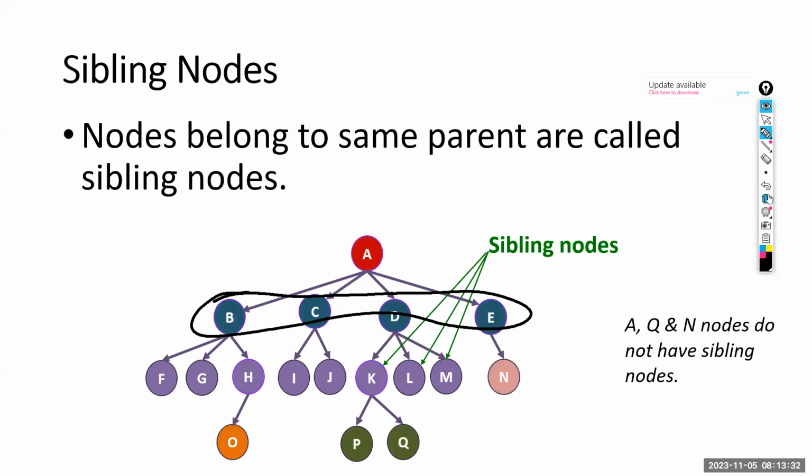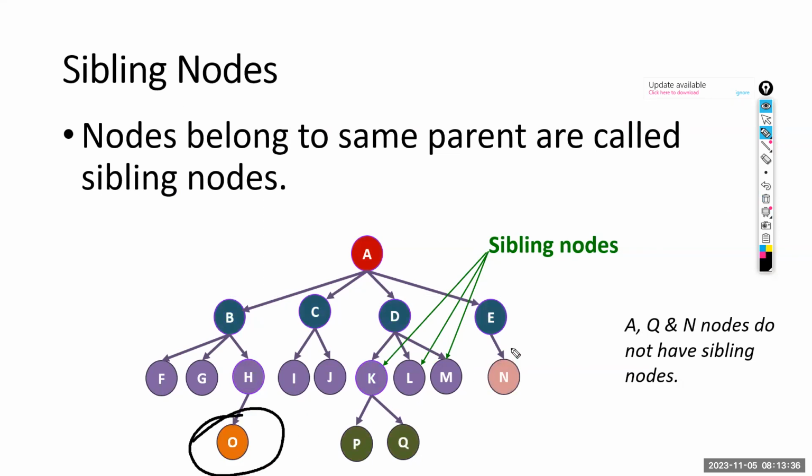Now you can see that this node doesn't have a sibling. This one doesn't have a sibling. This one doesn't have a sibling. Of course, the root can never have a sibling because there can be only a single root. And also, some nodes may not have siblings as well. For example, if you take something like this, this one also doesn't have a sibling.